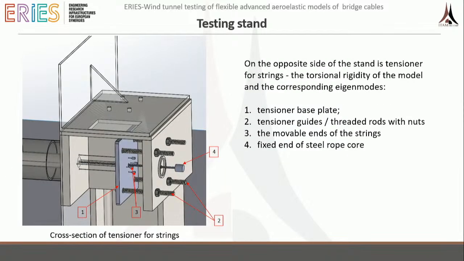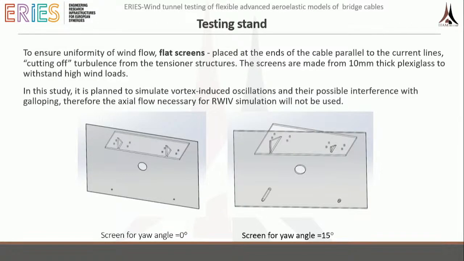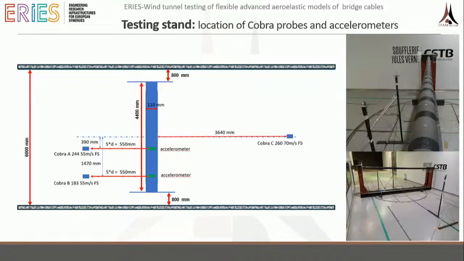And on this side was used for the pretension of these auxiliary 4 smaller cables, to hold the cable in the non-rotational position. Of course, on both sides, 2 flat screens were added, one for the yaw angle 0 and one for the yaw angle 15. So we did actually 2 tests on different yaw angles.